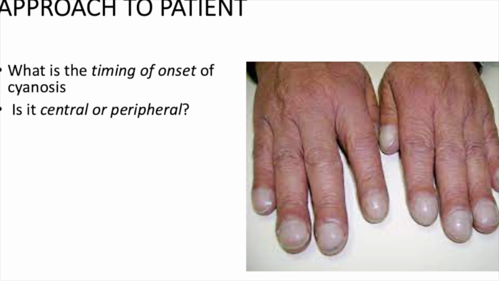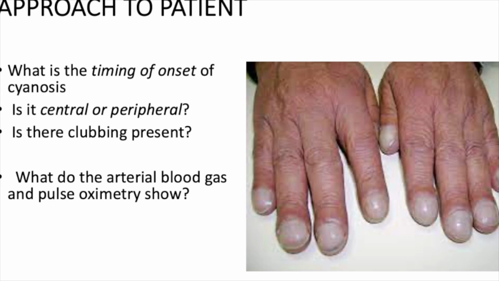Second is, is it central or peripheral? And also you should rule out pseudocyanosis, about which we have described. Third is look for whether there is clubbing. Finger clubbing plus cyanosis is indicative of central cyanosis and is often due to congenital heart disease. One of the lung conditions that we can get is the interstitial lung disease.